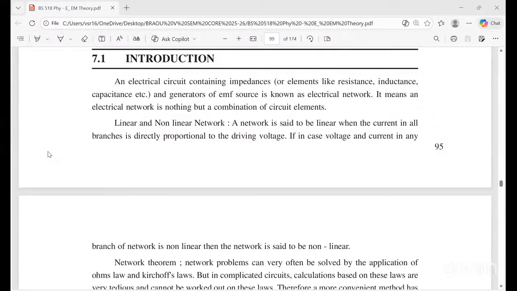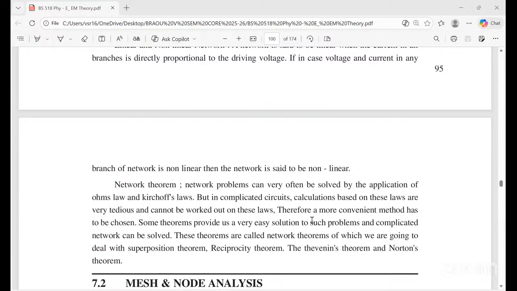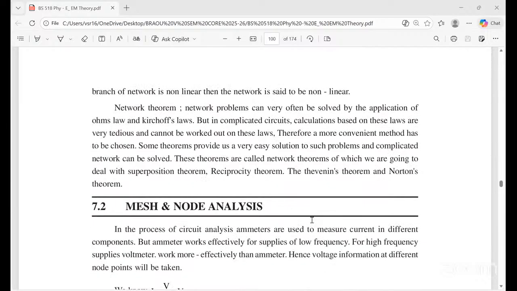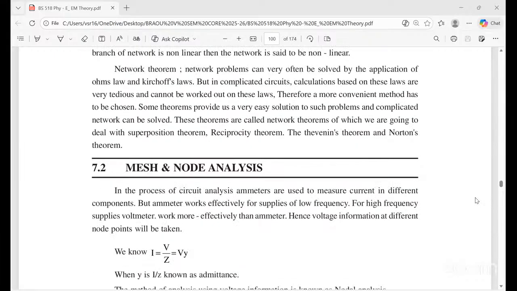But what is a network theorem? A network problem can often be solved by the application of Ohm's law and Kirchhoff's laws. But a network is a complicated circuit. So many calculations you need to do by implementing the laws, which are very tedious.